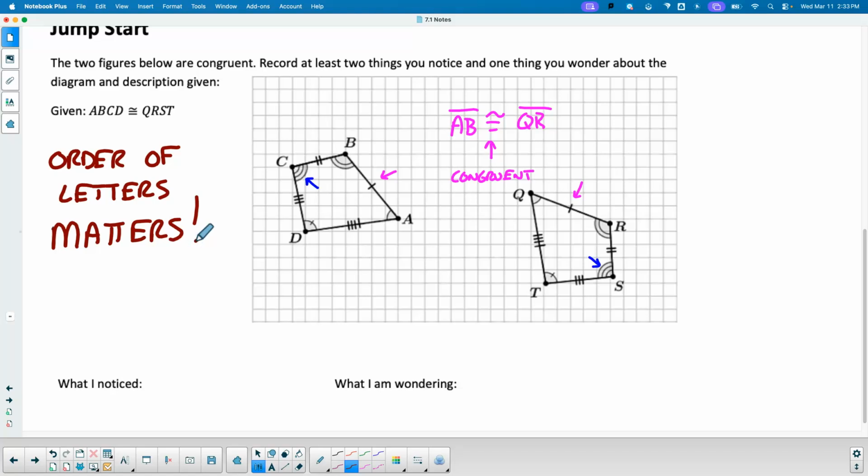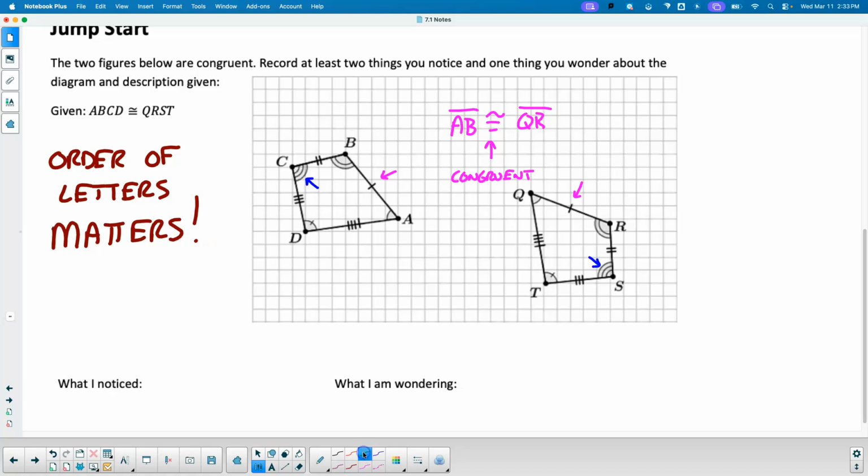The ordering of your lettering matters. So when I say angle or side AB, I'm going from 1 arc to 2 arcs. That means I've got to go on my other figure and name it from 1 arc to 2 arcs. That's why it's QR.